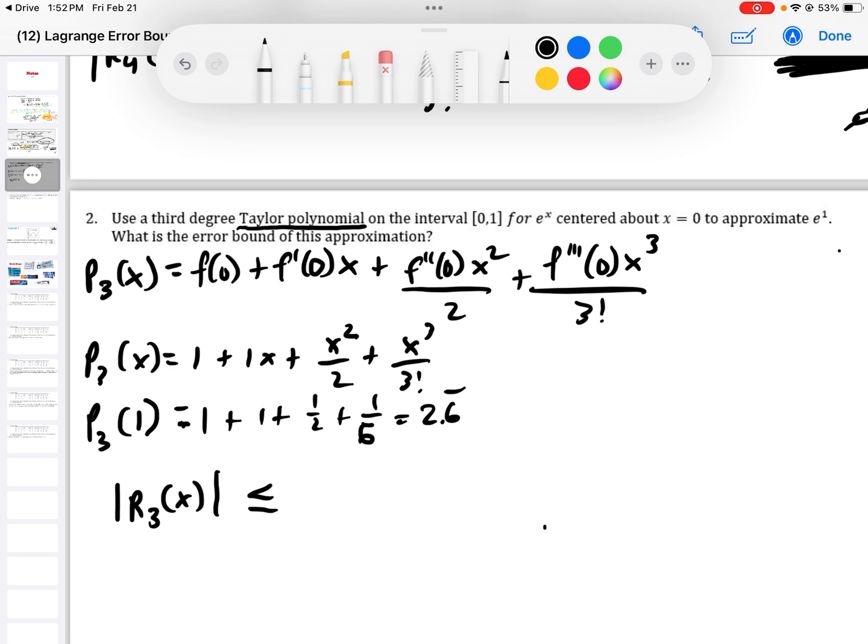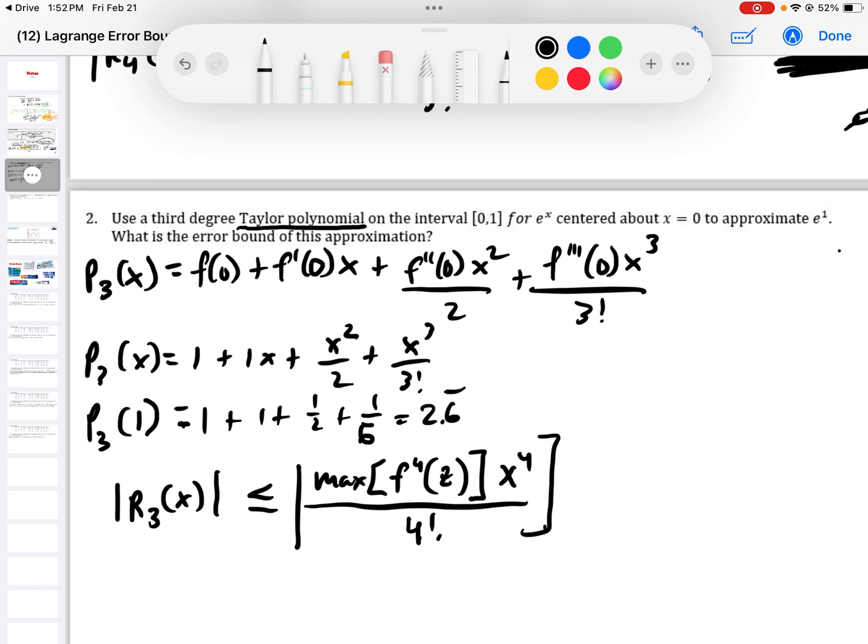So the absolute value, just how far off I am, is less than or equal to the absolute value of the max, the highest value that the fourth derivative evaluated at z is, times x to the fourth over 4 factorial. So it's just the next term. For a third degree Taylor polynomial, you plug in 4, because it's n plus 1, the next one.